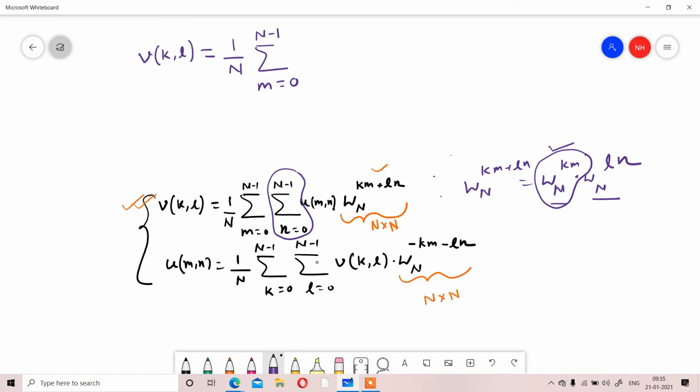Means I am simply keeping that expression out of the summation. So we can write simply Wn to the power Km, then summation n equal to 0 to n minus 1 u of mn Wn to the power Ln.